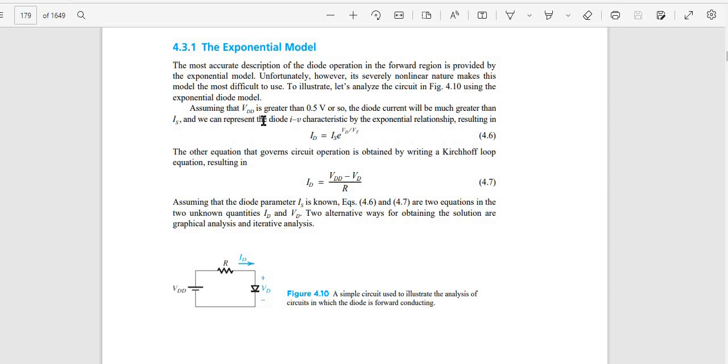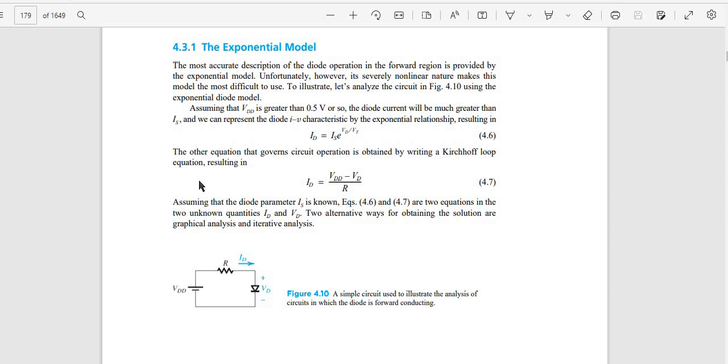Assuming that VDD is greater than 0.5 V, the diode current will be much larger than IS, and we can represent the diode IV characteristic by the exponential relationship ID = IS e^(VD/VT).